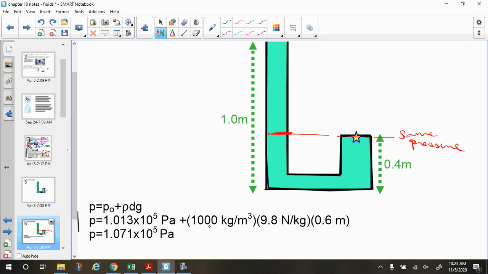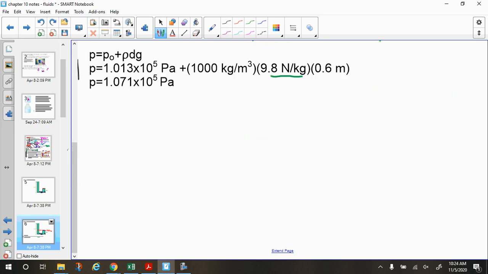A little note on the density. A lot of times in science we use grams per milliliter as our density of water, but since we're using gravitational field strength in newtons per kilogram, we need these units to work out. So let's do a little unit check down here so we can see what the units are. We have kilograms over meters cubed times newtons per kilogram times meter.